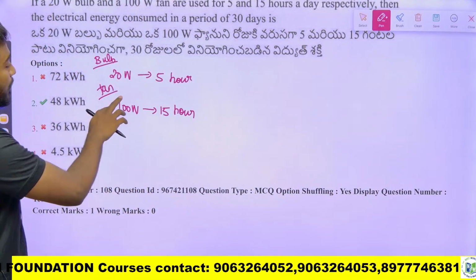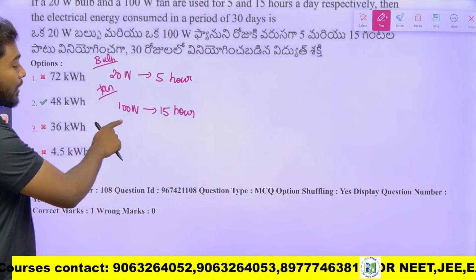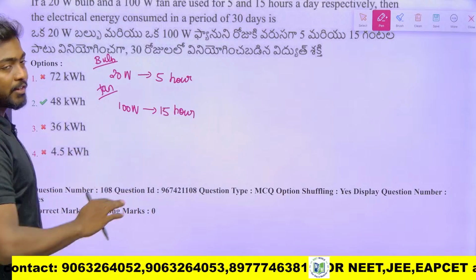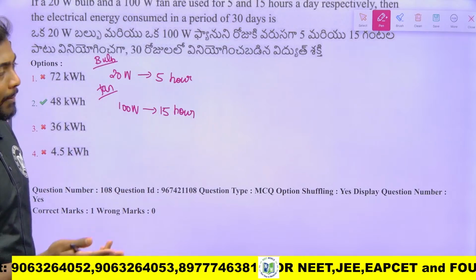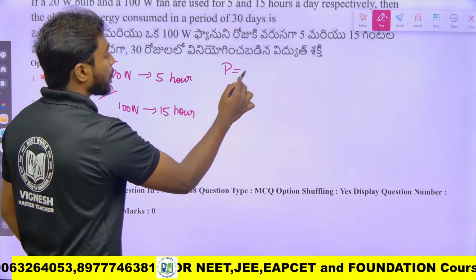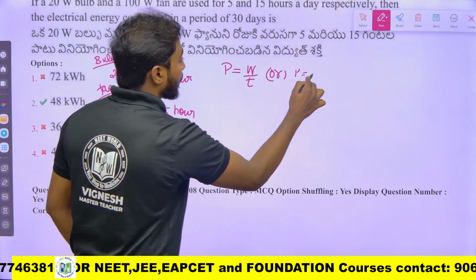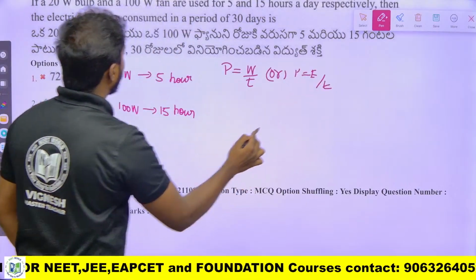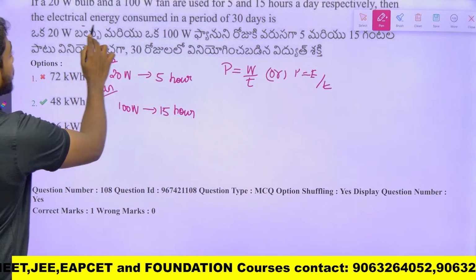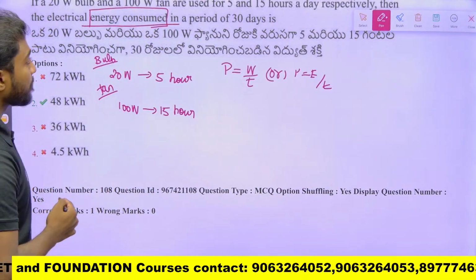So, 1 hour 20 watt, so 5 hours I need to calculate how much watt, and then 1 hour 100 watt, 15 hours I need to calculate how much watt, okay, and then multiply it by 30, easy. Like first thing, power is equals to work done by time we know, or else power is equals to energy by time. So, they asked how much energy consumed, okay.